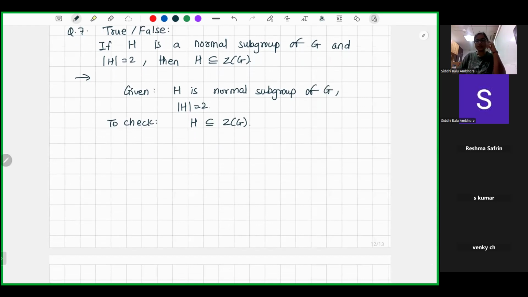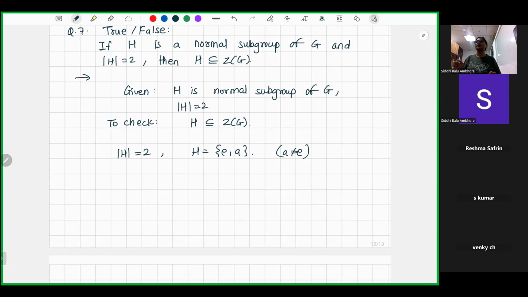Subgroup or subset, doesn't matter. So any guess whether this will always be true? So we have to check. See, H has size 2. So this implies H is of this sort, right? A not equal to E. H is just this.